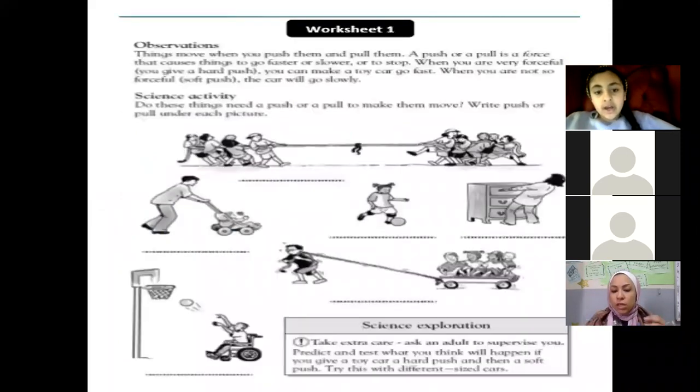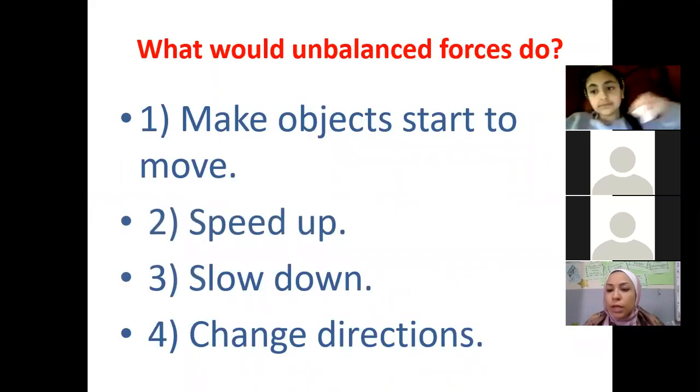All of these things can be done by the unbalanced force. So the unbalanced force is the one that is making the change. Okay, the balanced force doesn't make any changes. The object will be staying still.